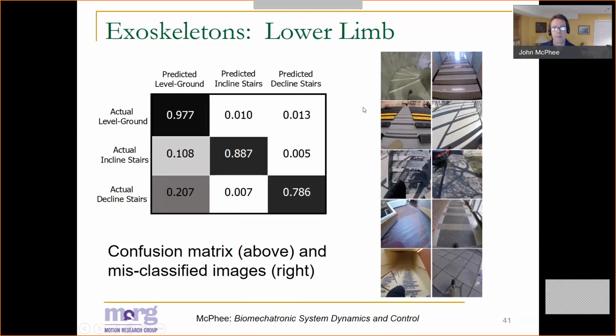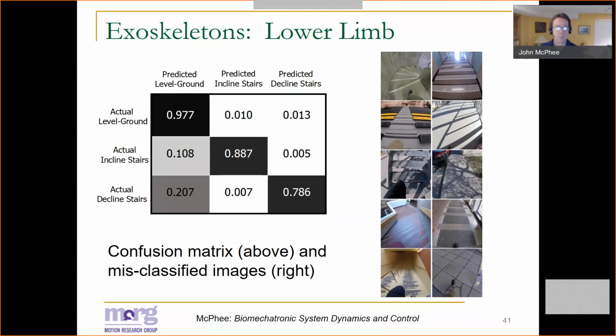In the left column, these are examples of stairs that were misclassified as level ground. And on the right column, you can see examples of level ground walking that were misclassified as stairs. You can see how an image like this one in the top right, which is actually a level hallway, could easily be confused with a staircase.